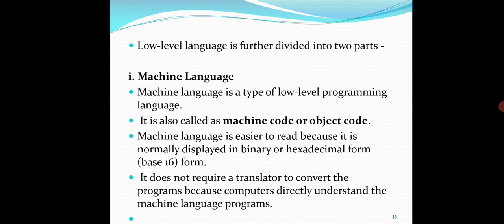Machine language is easy to read, as it is normally displayed in binary or hexadecimal form. It does not require any translator to convert the programs because the computer directly understands the machine language program.